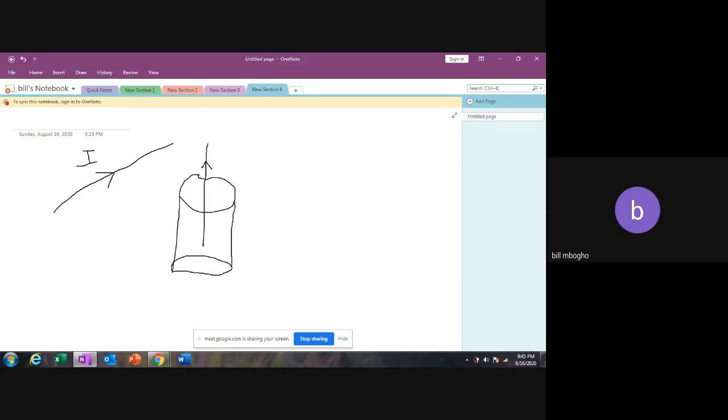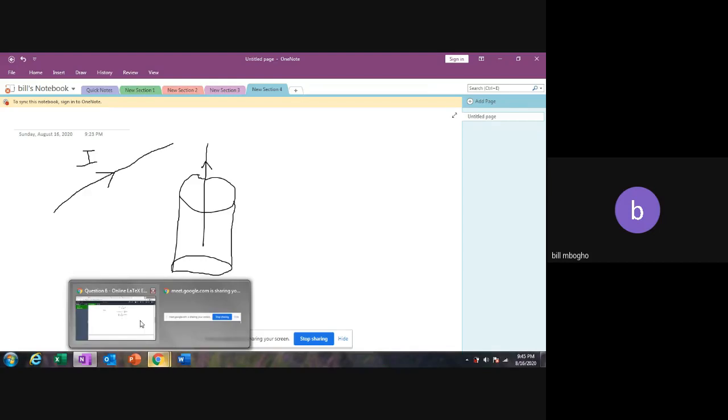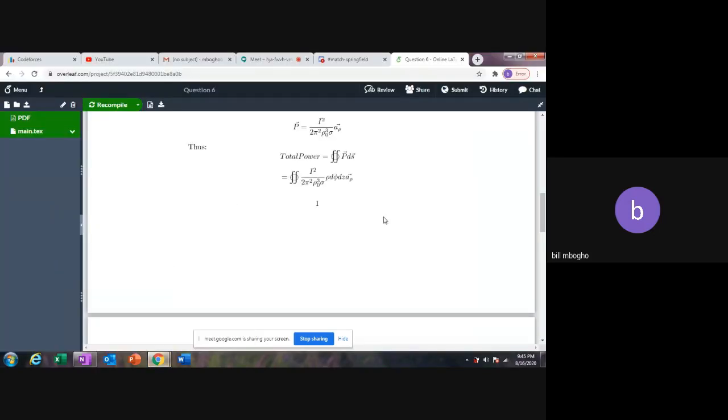So it might be all 3 surfaces or just one. That's basically what we do with the Poynting.